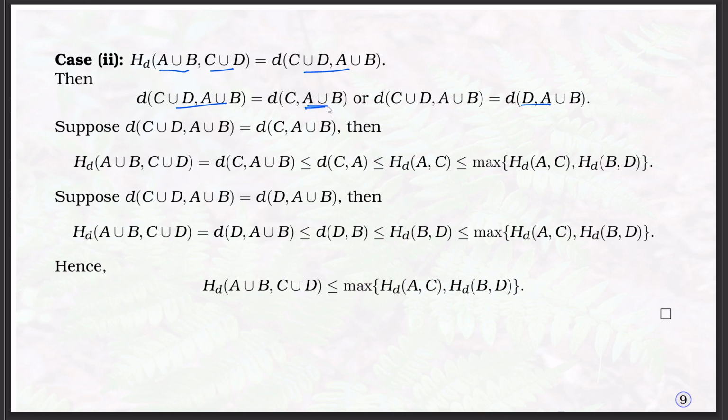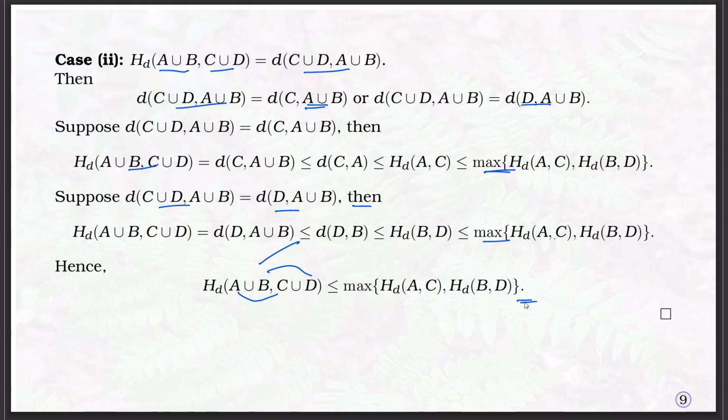If it is this term, then from the same argument one can get the Hausdorff distance between A union B and C union D equal to this one. And if you are taking the second argument, then one can arrive that the Hausdorff distance between A union B and C union D is less than the maximum of the Hausdorff distance of AC and BD. So, in both cases we arrived at the conclusion that the Hausdorff distance between A union B and C union D is less than the maximum of the Hausdorff distance between AC and BD.